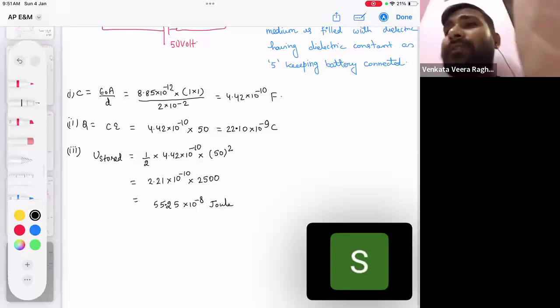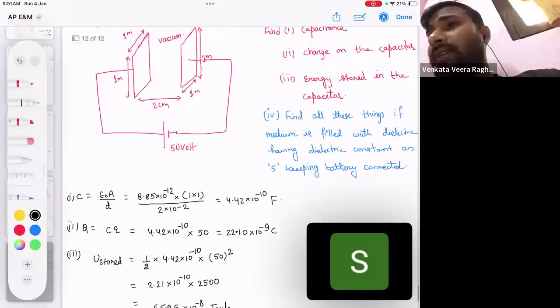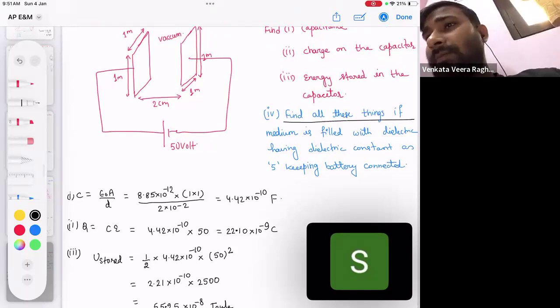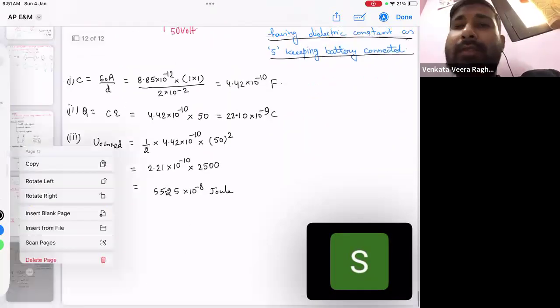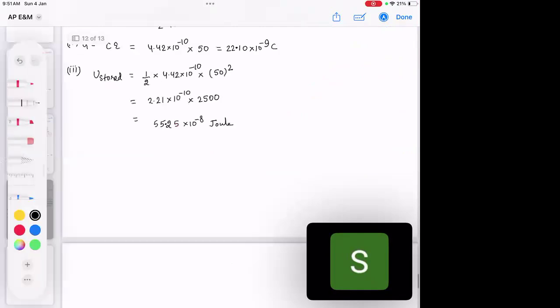Okay. Now, if I ask you a question, what is going to happen if the medium is going to be filled with dielectric having dielectric constant 5? Now tell me what will happen. See, I'm going to make a table kind of.